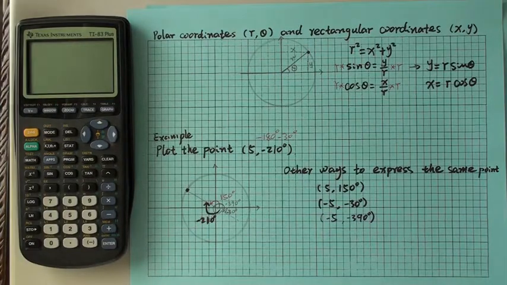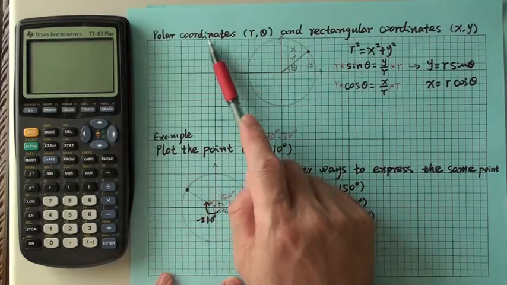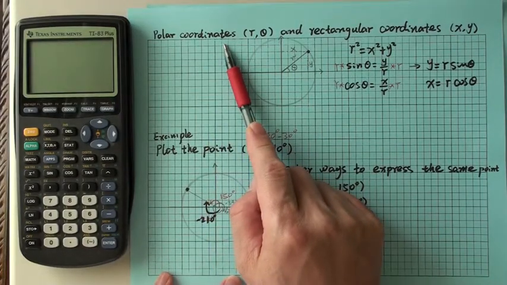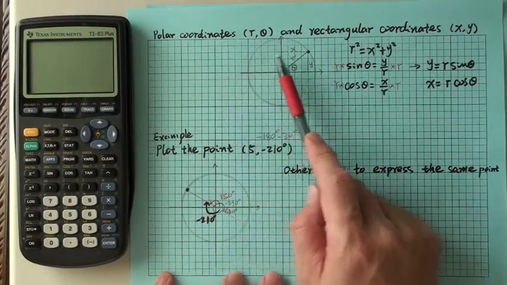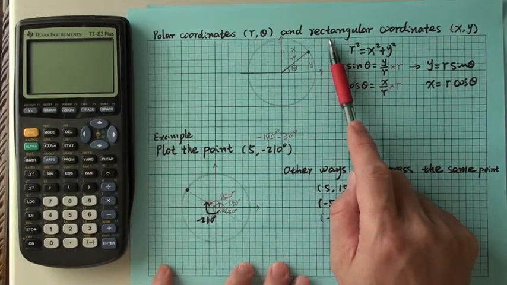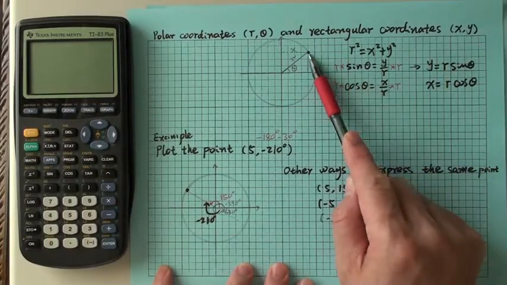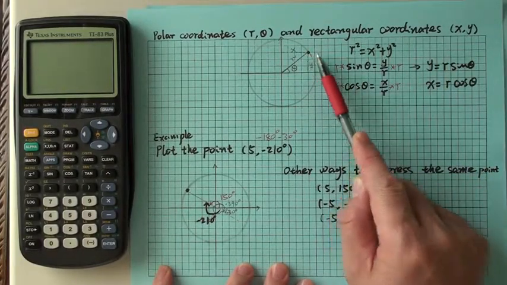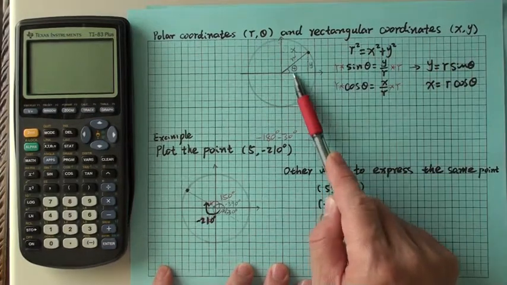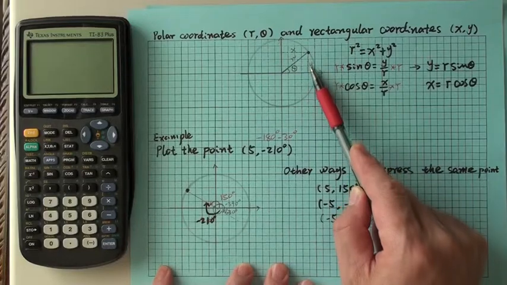In this lecture, let's look at the polar coordinates. Previously, what we were talking about was rectangular coordinates. For example, this point, the x coordinate is this long, and the y coordinate is this long.